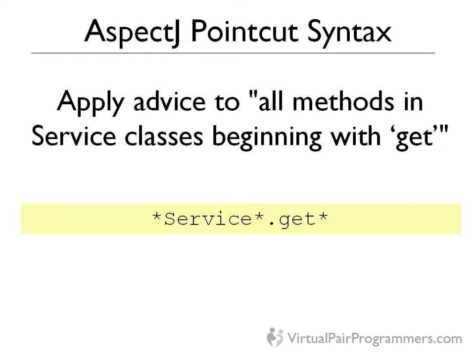And if we were to use this syntax in AspectJ, AspectJ would look for all of the matching classes, and then it will focus on the matching methods in those classes, and it will weave the advice into those methods. Well, this isn't an AspectJ course, it is a Spring course, and from Spring 2 onwards, they've absorbed the same syntax.